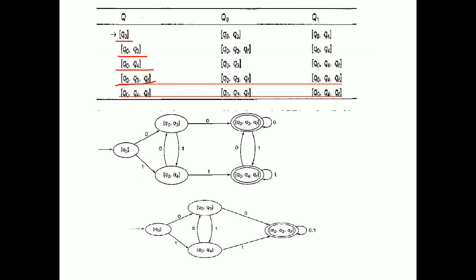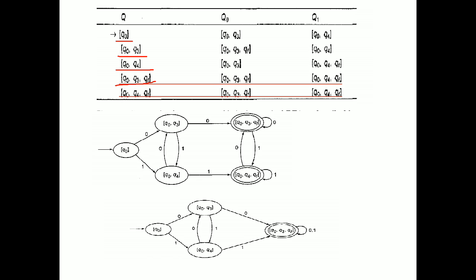Now if you look at the transition table, the last two rows, Q0Q3QF and Q0Q4QF, are identical. So we can remove the repeated transition, and we consider only one state, that is Q0Q3QF. And from this transition table, we can now draw the final DFA, which is shown here in the lower diagram.